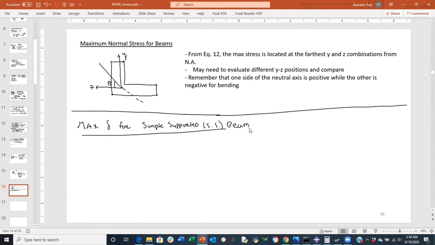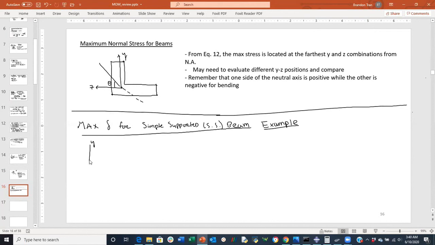Okay, so that is our example right here. Just going to go ahead and put example. So here's how we start.